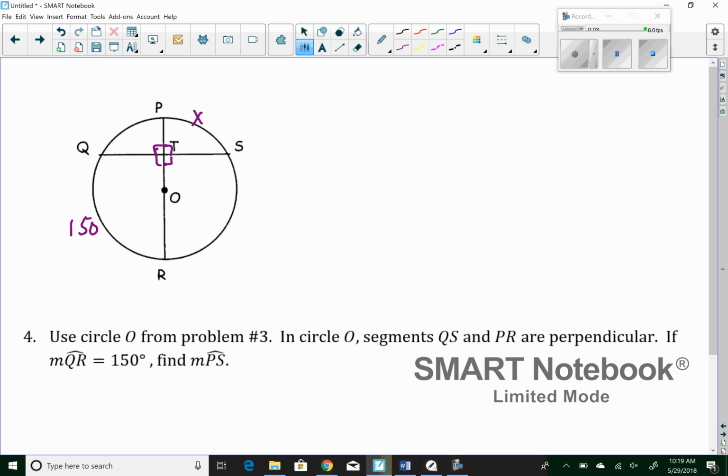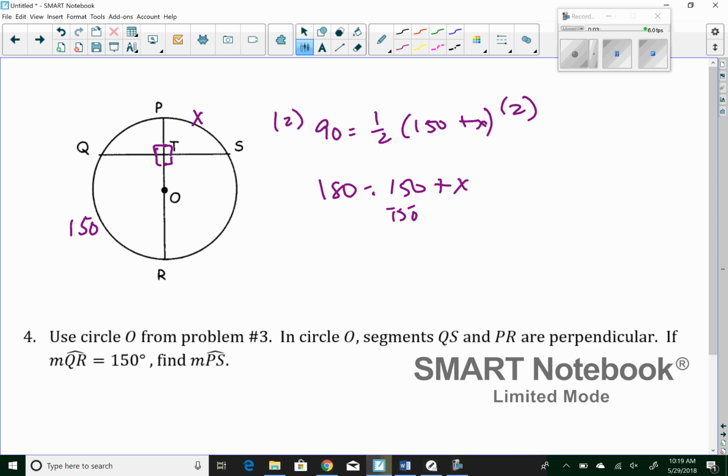So if QR is 150, the angle, which is 90, is equal to half of the sum of the arcs. Multiply both sides by 2 to get rid of the 1/2, and I get 180 is equal to 150 plus x. Subtract 150, and I get x equals 30. So PS is 30 degrees.